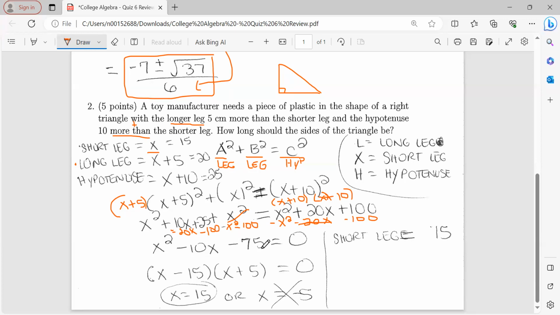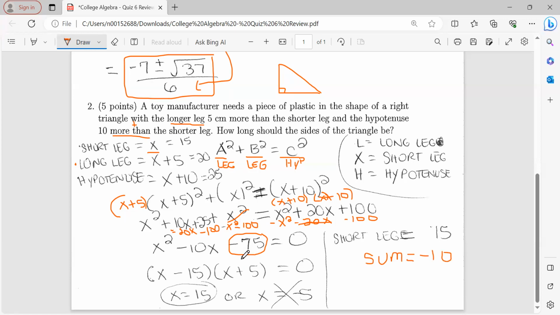So now we want to factor this x squared minus 10x minus 75. We have to find two numbers that meet those conditions: a product of negative 75, and when I add them together, I should get negative 10.